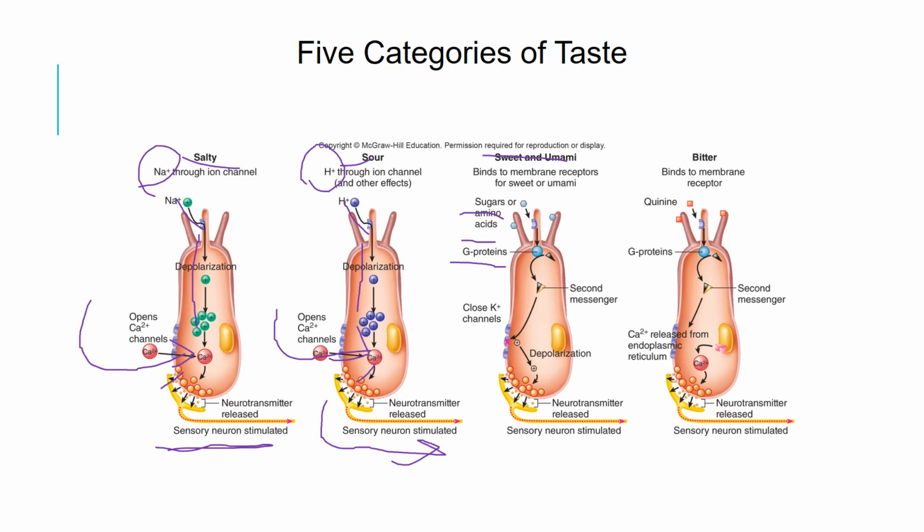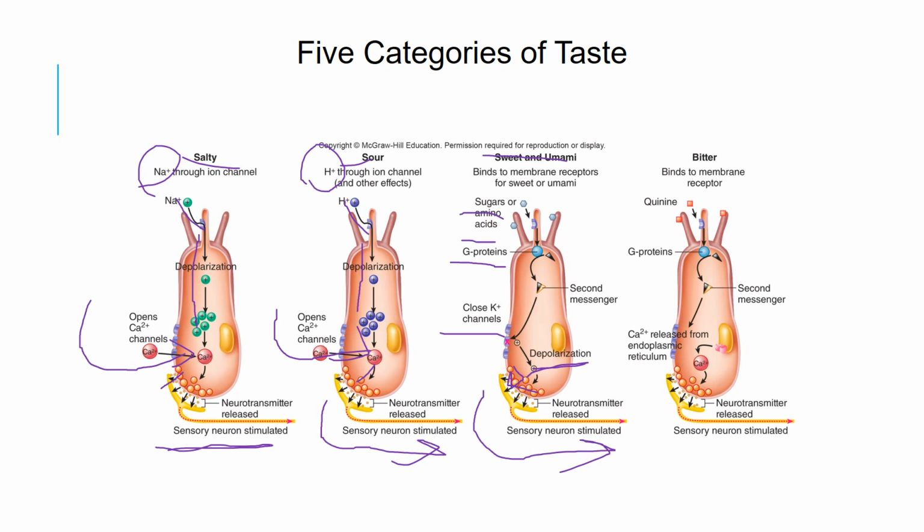And so this will be a little bit different because it's going to close now potassium channels. And so the closing of potassium channels is also going to cause depolarization. And so depolarization then is going to activate neurotransmitter to be released and then stimulate that postsynaptic sensory neuron.